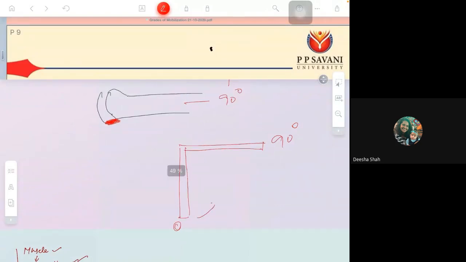What is grade 1? This is grade 1, small amplitude rhythmic oscillation performed with physiological movement, that is passive movement, which I demonstrated last class. Small amplitude rhythmic oscillation performed in the beginning of range. If you are doing the passive or oscillatory movement in this range, it is grade 2. If you are doing it in this range and stressing into the tissue resistance, it is grade 3.